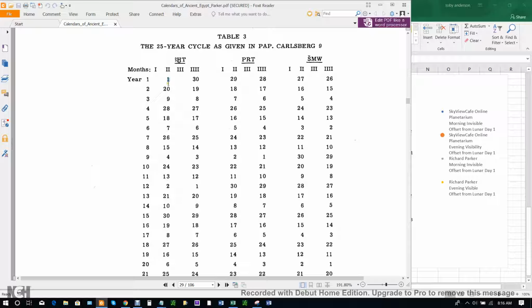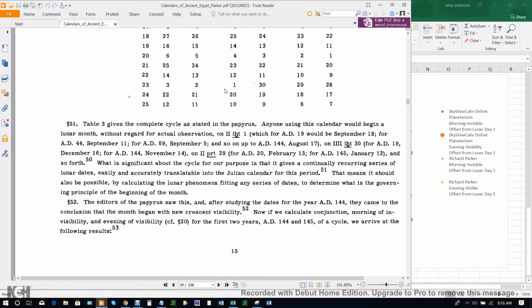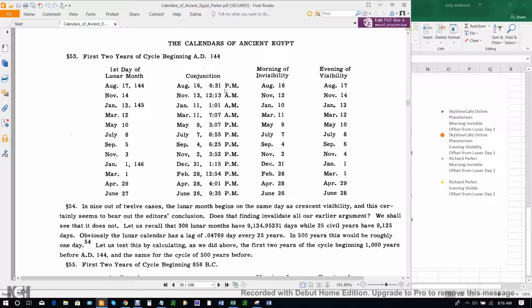I kind of think what happens is that when the next 25 year starts, they look for this day right there, and if it's not a lunar day, the moon right there on that first day, then they shift the calendar over a little bit. So what Richard Parker does is he goes through.